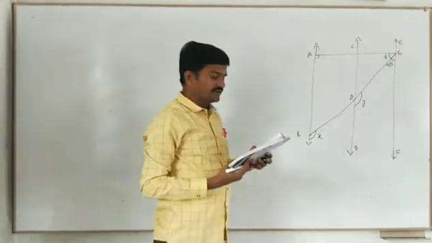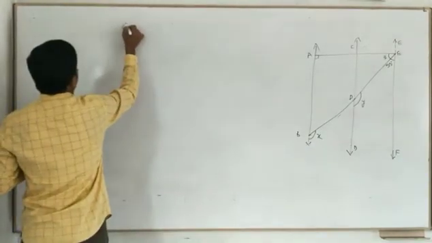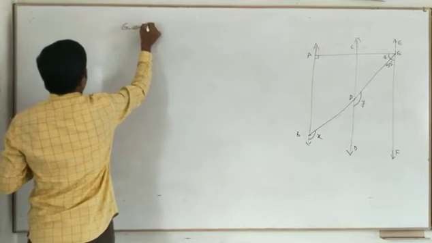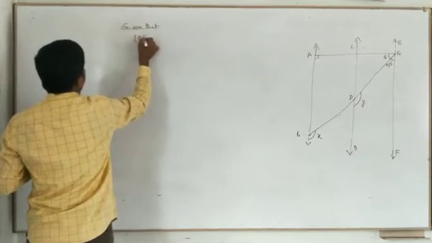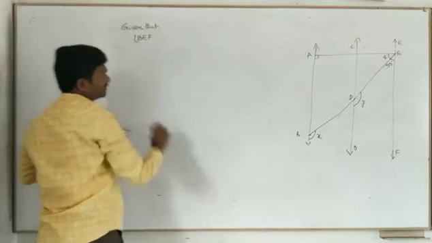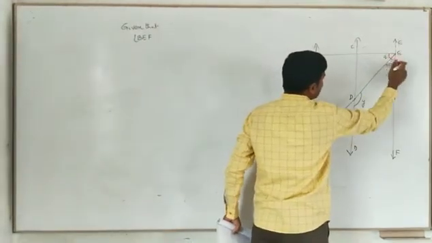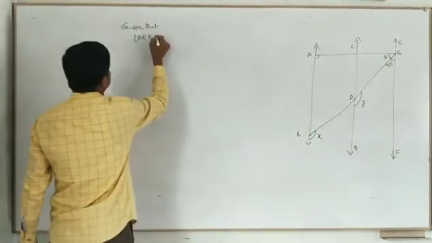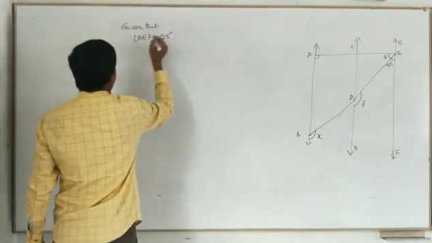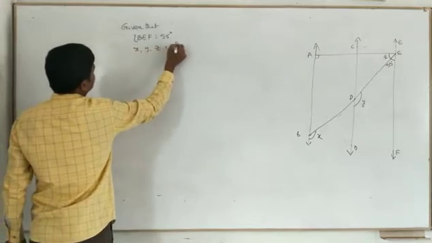Are you clear? What is given here? Angle BEF is given. Where is BEF? This angle is given as how much? 55 degrees. And then he asked to find X, Y, Z equals to question mark.